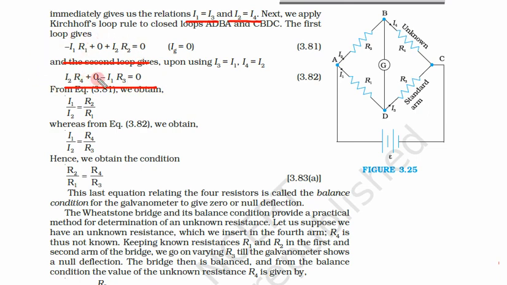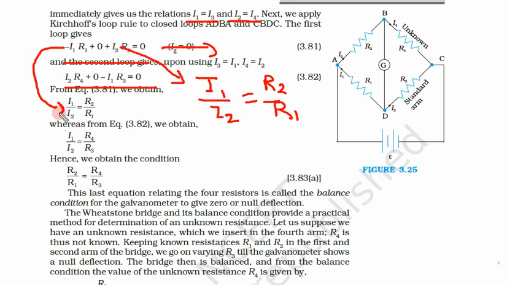Now when we solve these equations, from here we get I2 R2 is equal to I1 R1. From this we get I1 upon I2 is equal to R2 upon R1. Similarly, from the other equation, take I1 R3 to the opposite side.